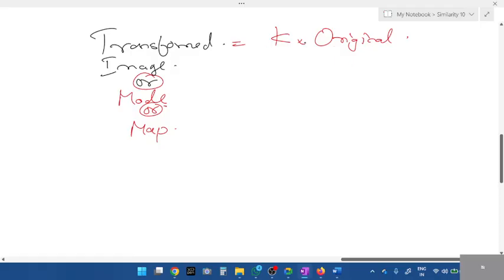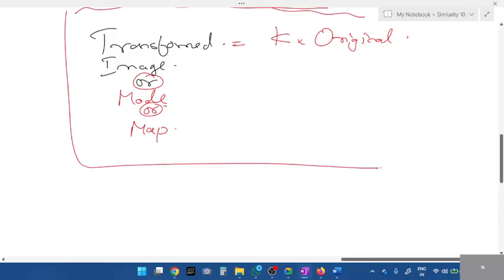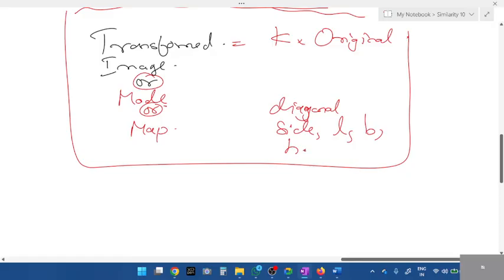We use this formula for diagonal. Remember, whenever diagonal is given, we use only k. Diagonal, side, length, breadth, height, perimeter, for all this k.